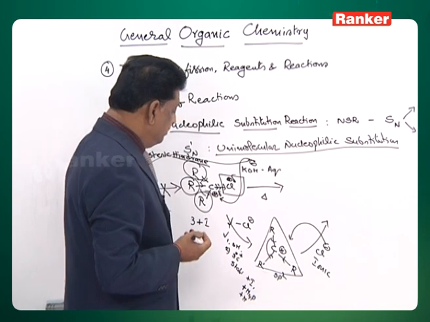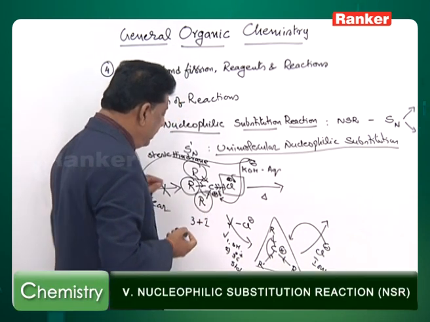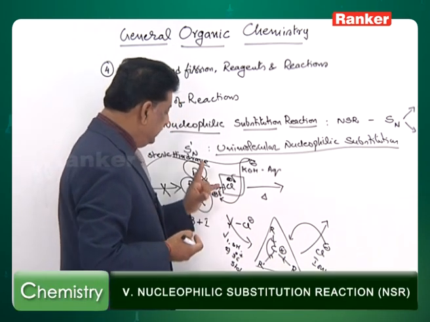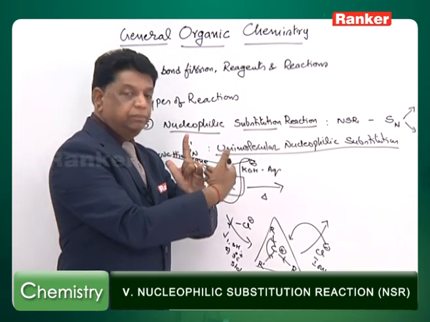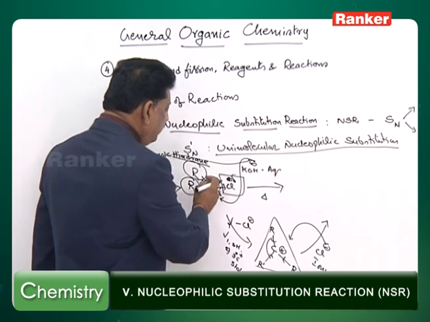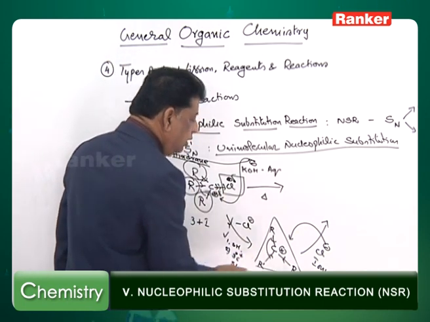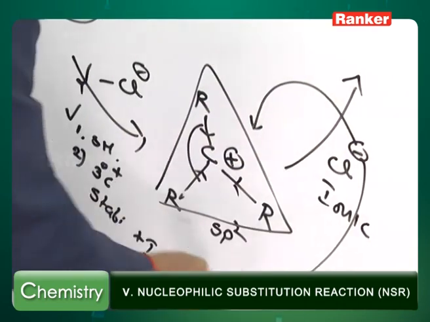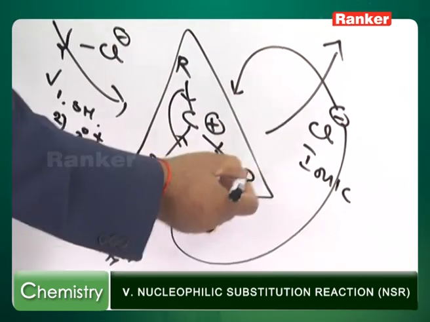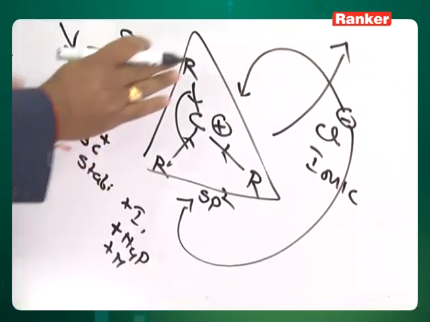Which side is it coming from? Not necessarily from the back side, because the three groups have opened out like this and space has come on both sides. Now the front side Cl is not there in the picture. So the nucleophile can come from the front side, and can also come from the back side. With reference to the plane, it can attack from two sides.